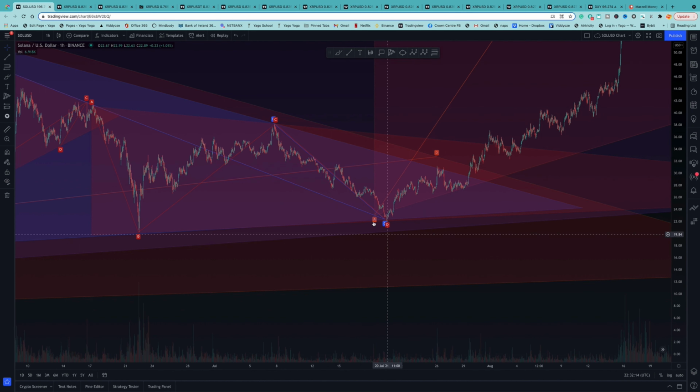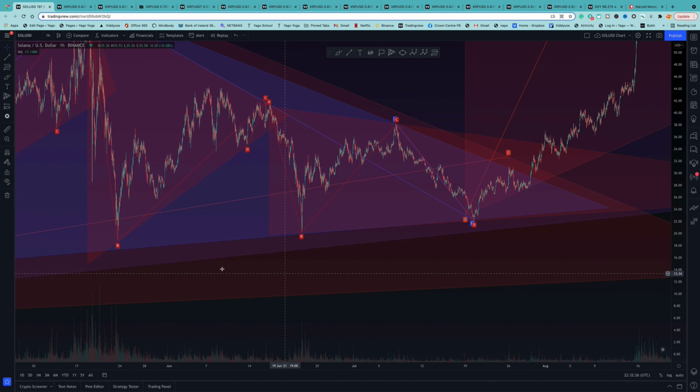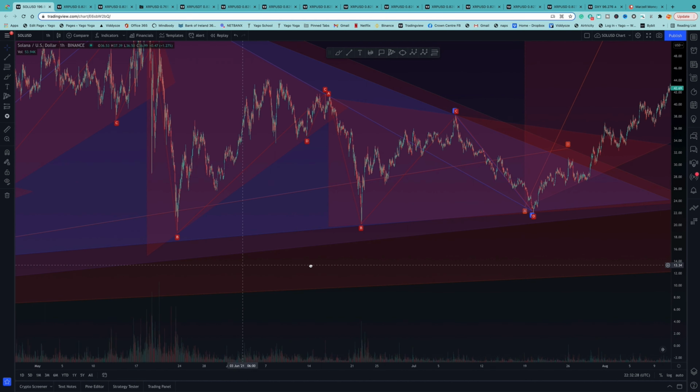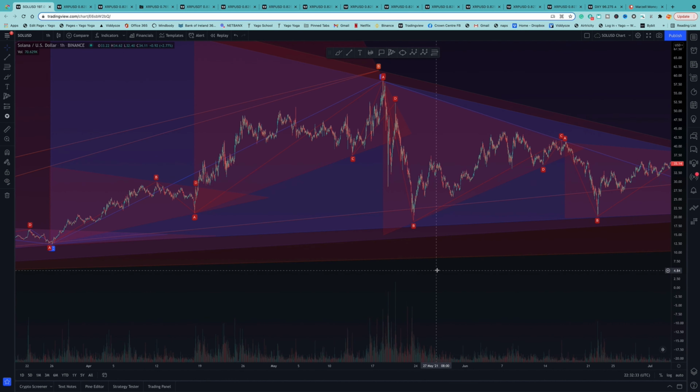If you're just trading on the smaller times, again, you'll think the sky is falling in and you don't see the bigger picture. And that's why you'll hear a lot of people go, oh my God, the sky is falling in. They're not able to zoom out to the bigger time frames and see the bigger picture.